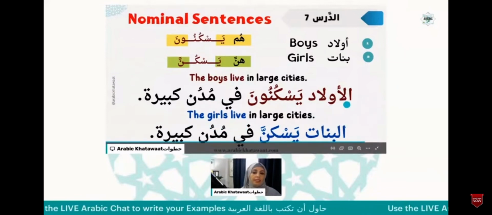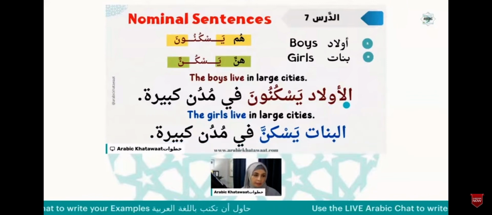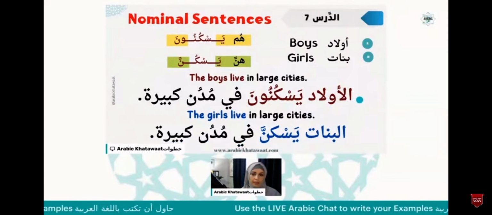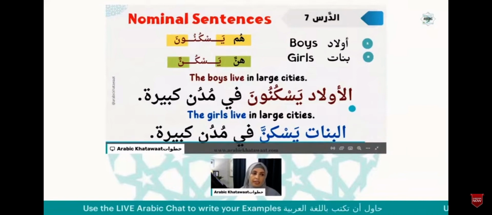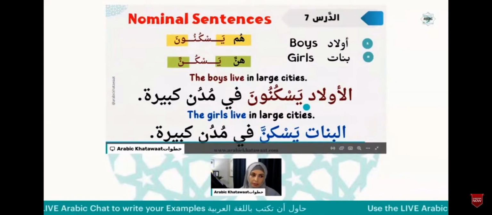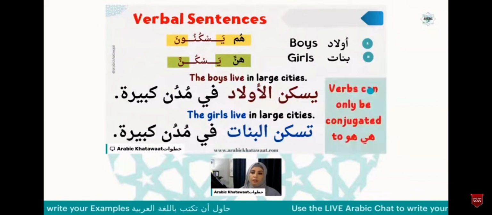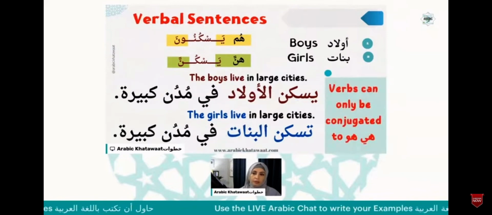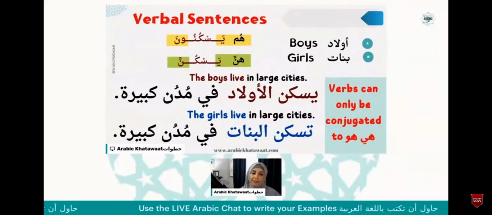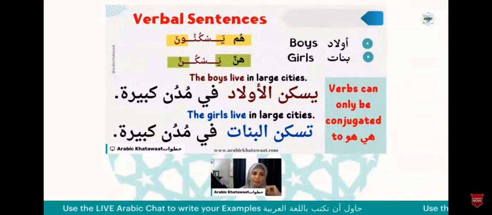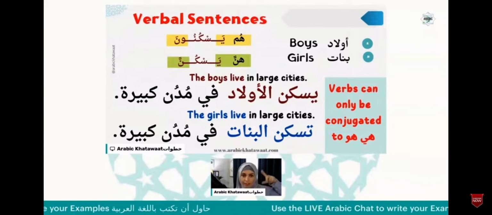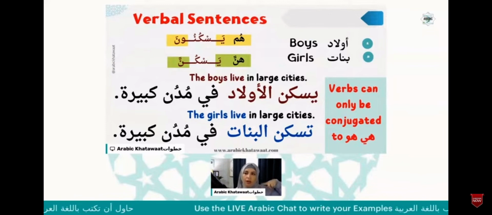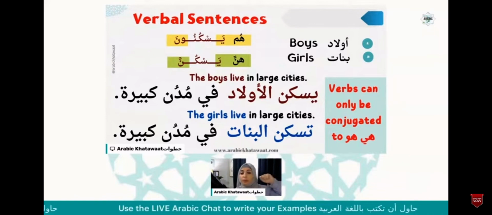See? The noun has to be defined. It has to be plural. It agrees with the verb conjugation. Now, if I'm going to do the opposite, I move on to verbal sentences, which is what we had in our first practice. We said شكر المدير or شكر المدراء.